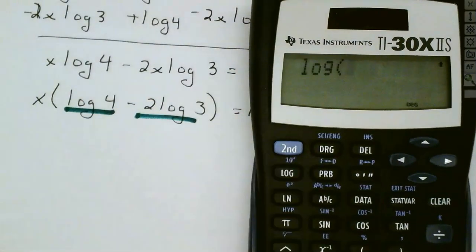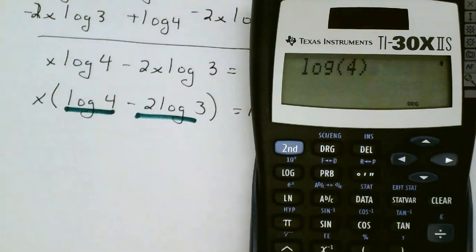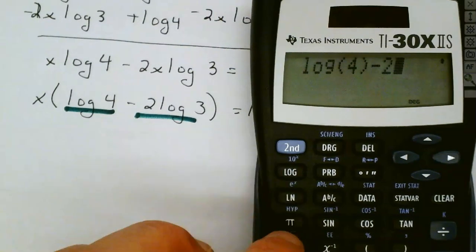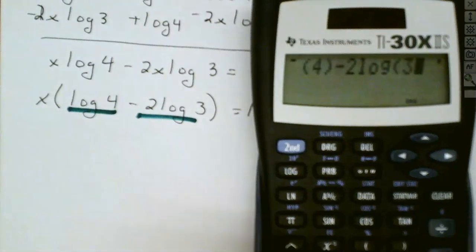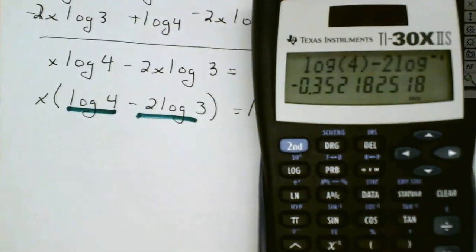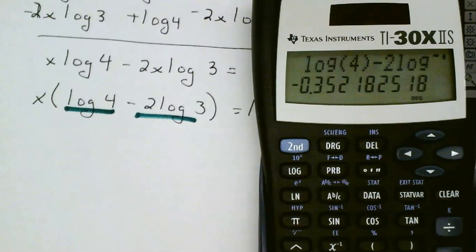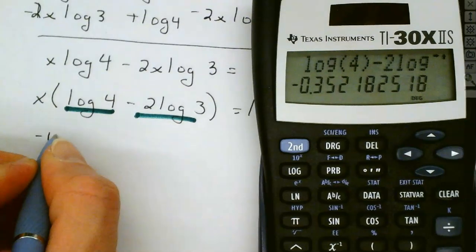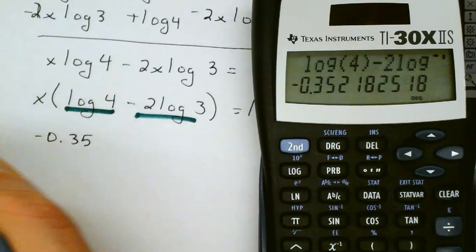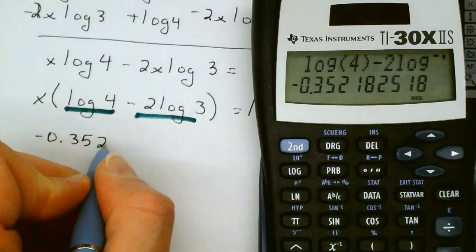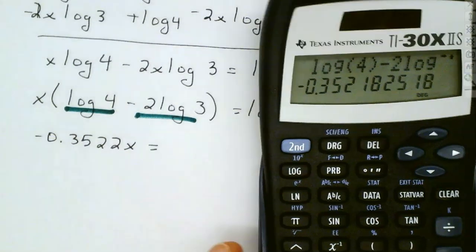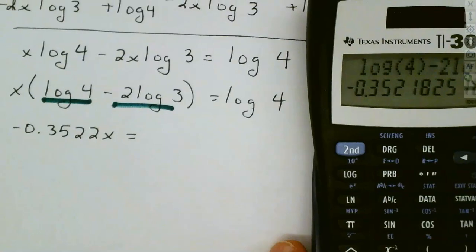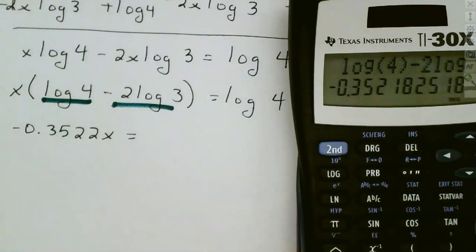So we're going to take log of 4 minus 2 log of 3. And when I work it all out, that comes out to be minus 0.3522 if you round. And let's look at the other side. It is simply log of 4.